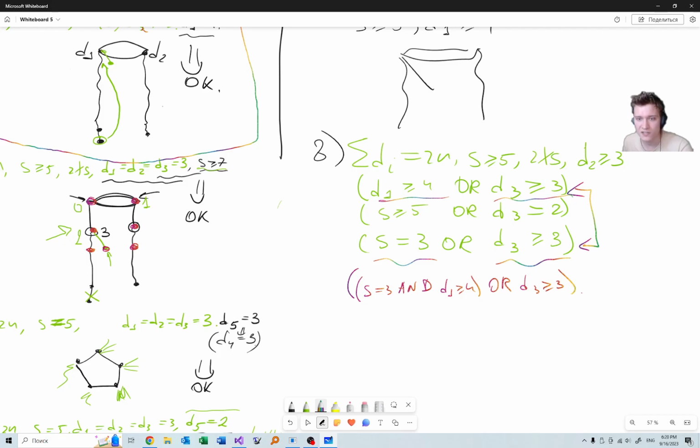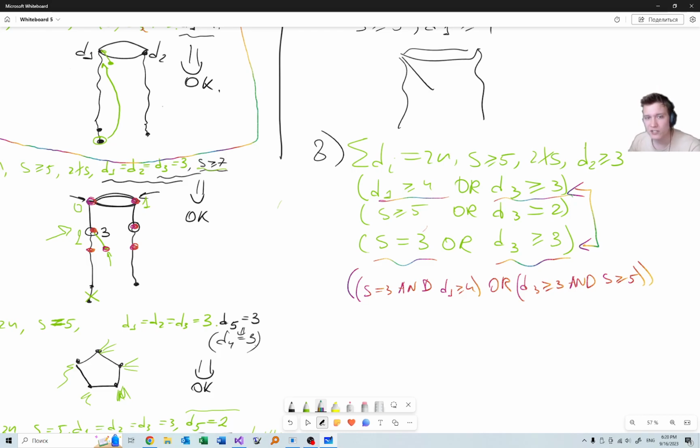So if d3 is at least 3, then S is definitely at least 5. So maybe I can rewrite it like this. So is this equivalent to what I had?